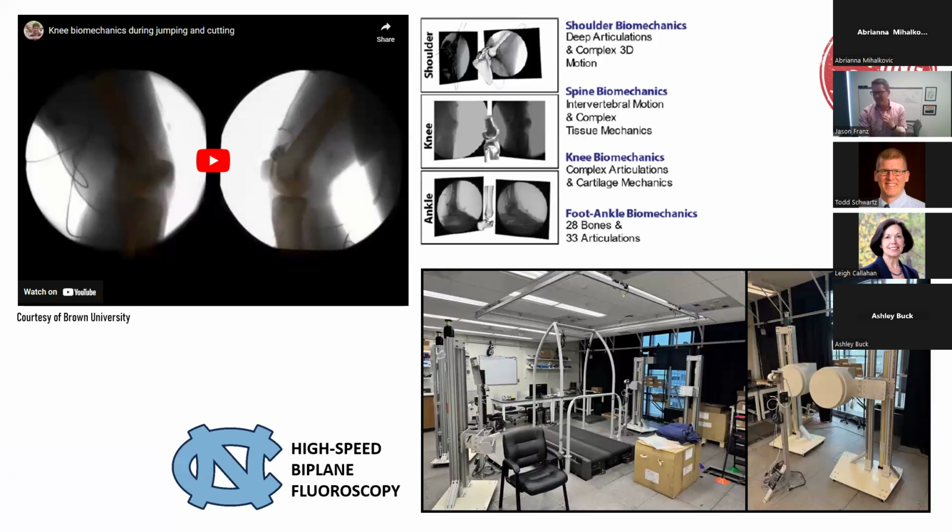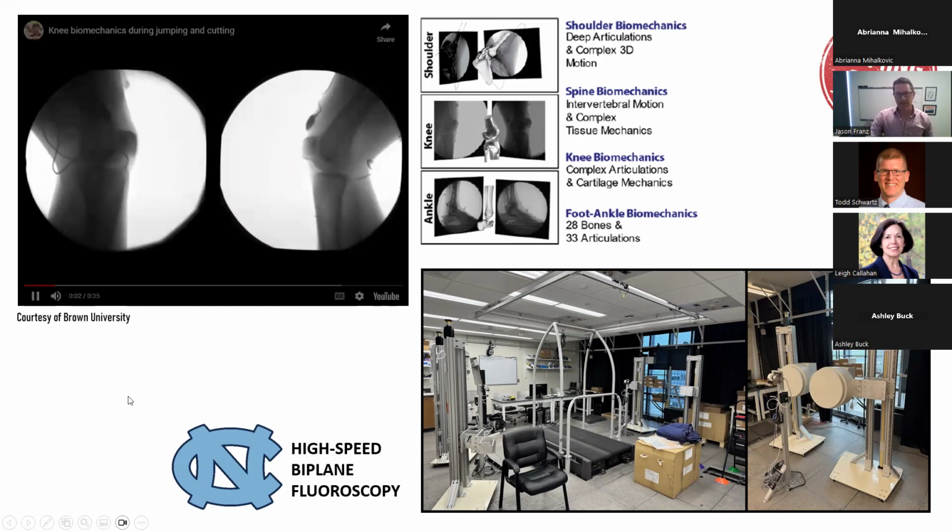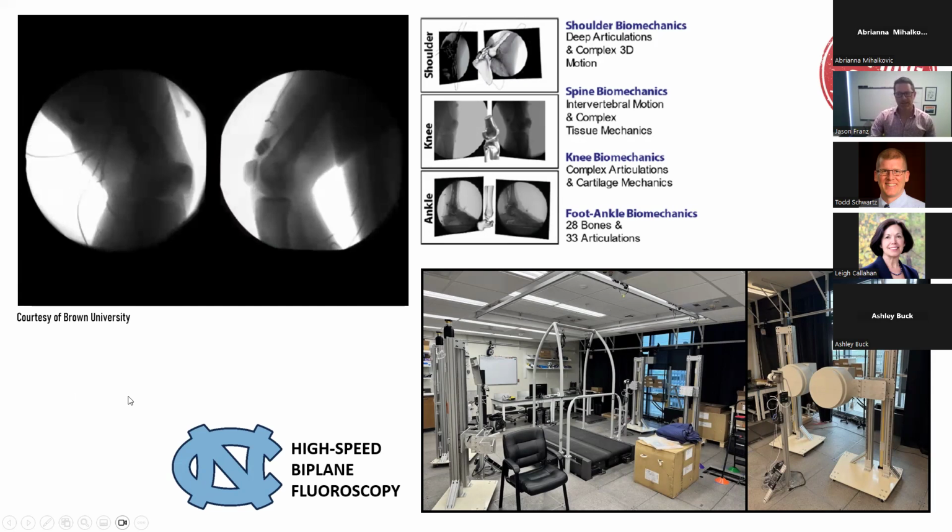But before I do, I've done this a couple of times. This is our advertisement for coming soon now, our high-speed biplane fluoroscopy system. You can see our lab there's equipment in it, right? We're experiencing these deliveries. The installation is happening as we speak. And so very soon we will have something that can do what you might be able to see in this video, which is to reconstruct arthrokinematics of the knee.